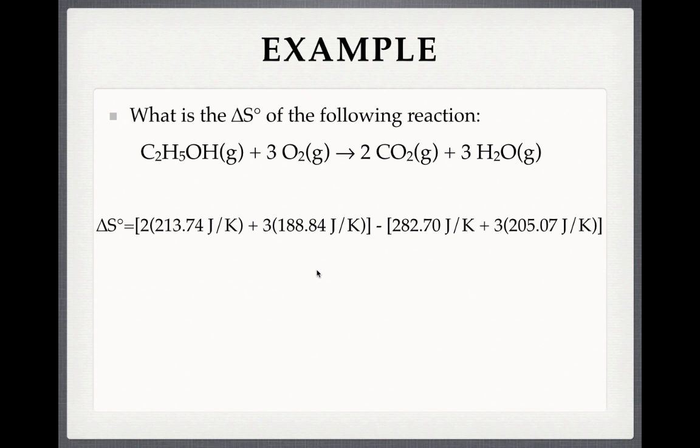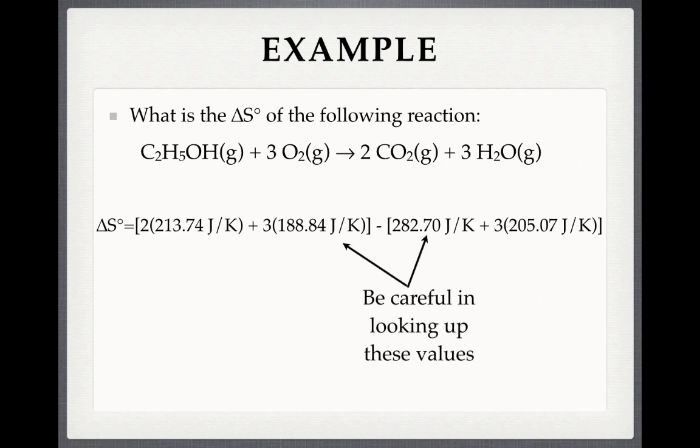We're still going to do products minus reactants, and so we look up the entropy of CO2. We see it's 213.74. We multiply it by 2 because of the 2 that is there. So that's where that 2 comes from. We look at the entropy value of water, and we have to multiply it by 3 there because of the 3 in the coefficient.